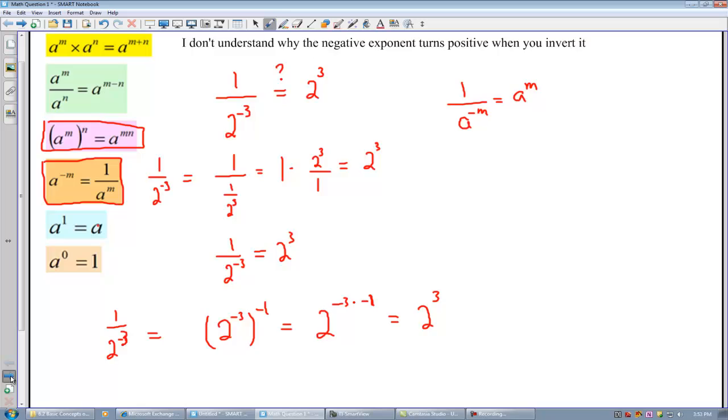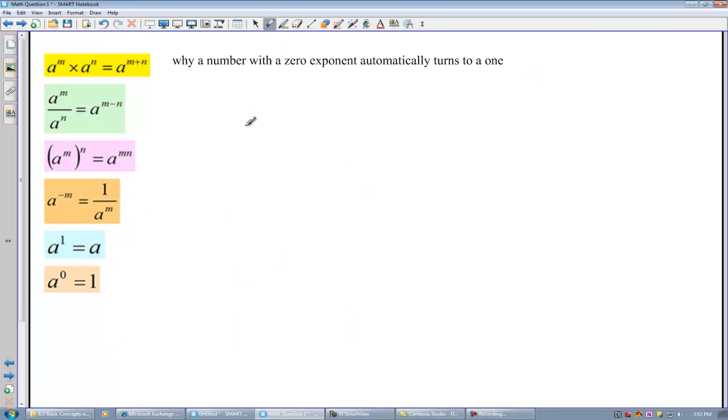Your next question is a little bit harder to answer, in a sense, because it's asking in a way to prove why this is so. Why is it when you take a and you raise it to 0, you get back 1? So your question was why a number with a 0 exponent automatically turns to 1. I'll attempt to answer this the simplest way I know how. So the idea is this.